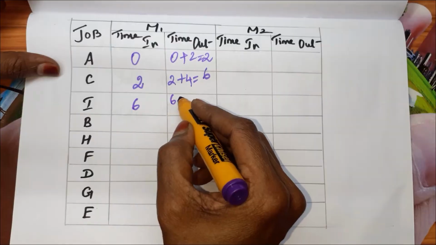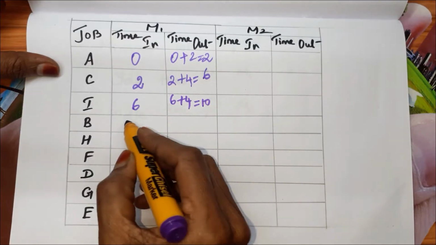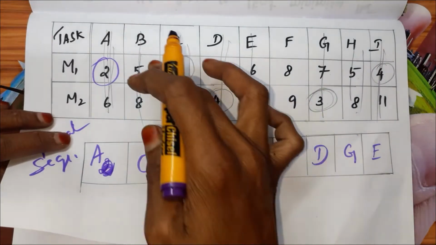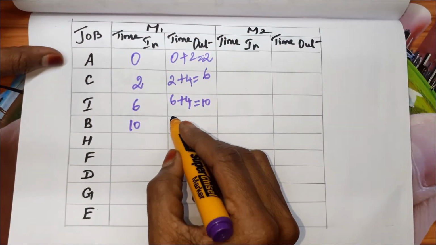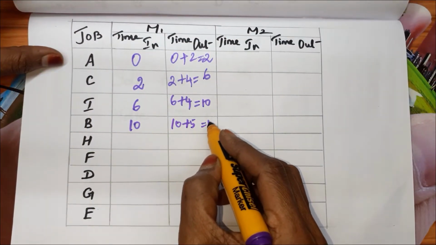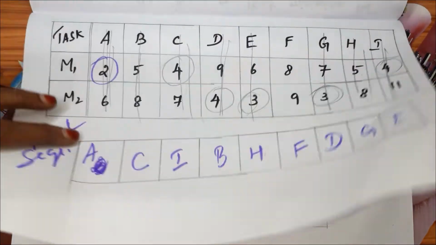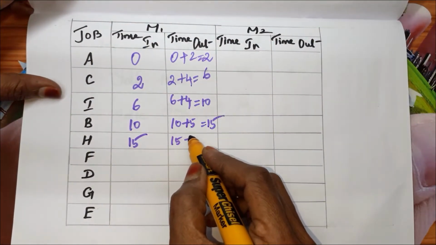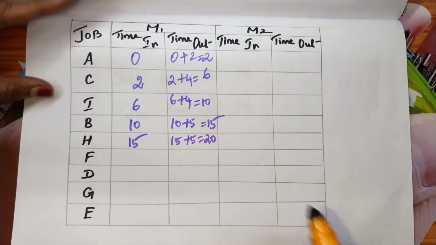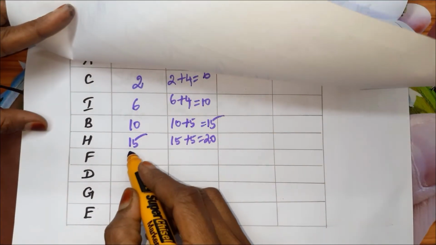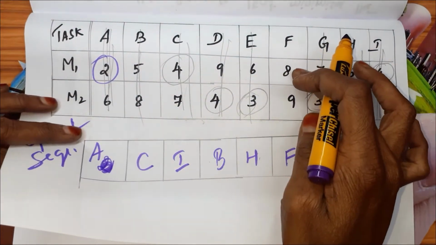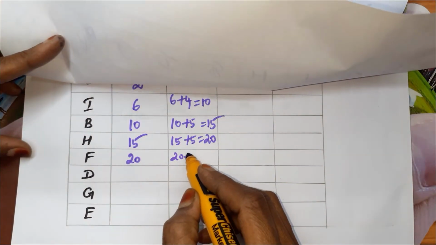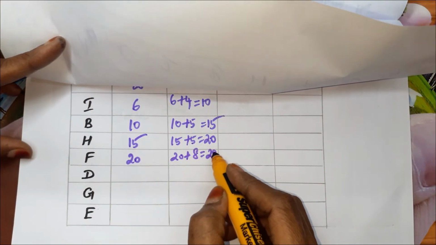So 6 plus 4, 10. For B, the duration is 5. So 10 plus 5, 15. For H, the duration is 5. So 15 plus 5, which is 20. Then 20 will come here. For F, the duration is 8. So 20 plus 8, which is 28.